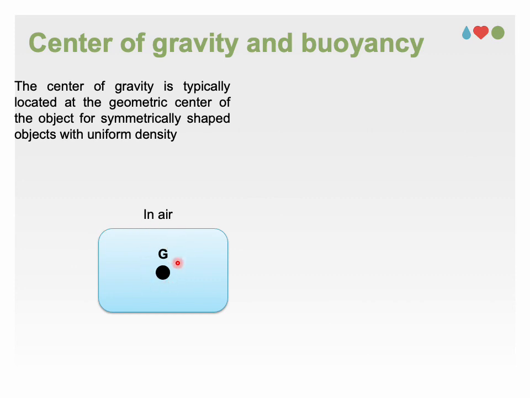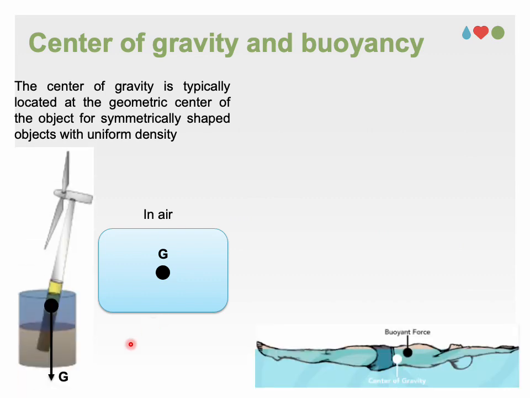However, for irregularly shaped objects or those with non-uniform density, the center of gravity may be located at a different point within the object, like the wind turbine and the swimmer as shown here.